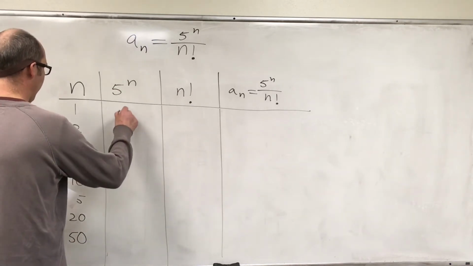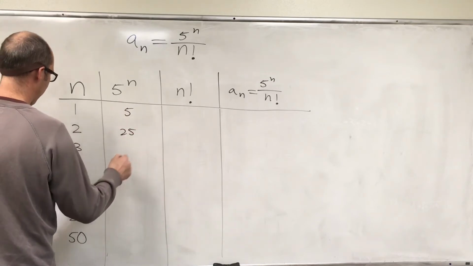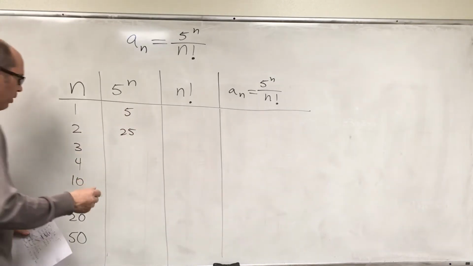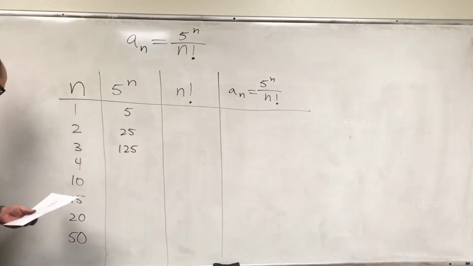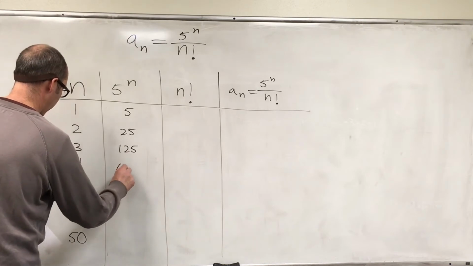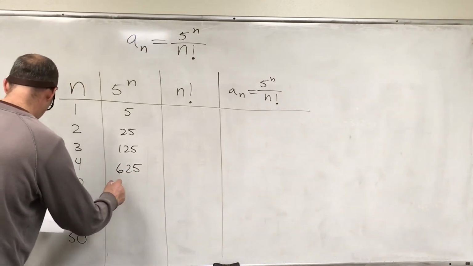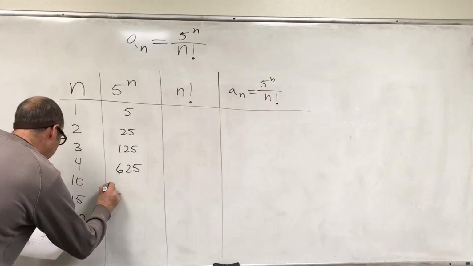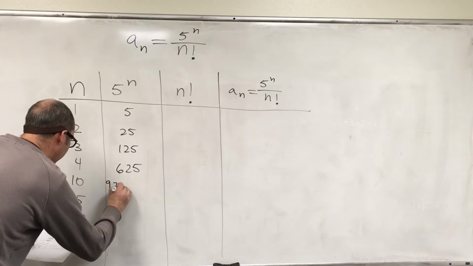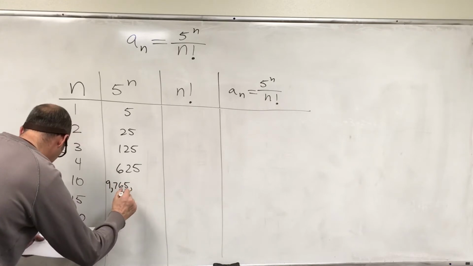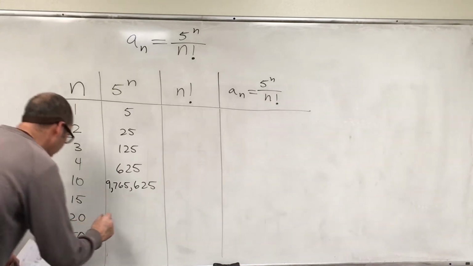Okay, so here we've got 5 squared is 25. 25 times 5, you got 5 quarters in your pocket, that means you got 125, 625, 10. Let's see, we've got 9,765,625 at 15.